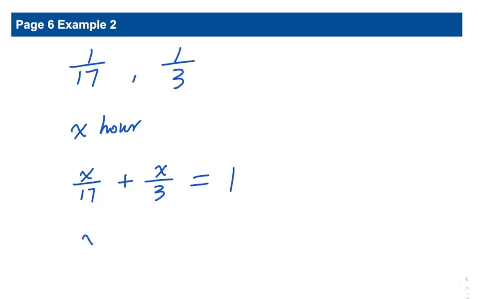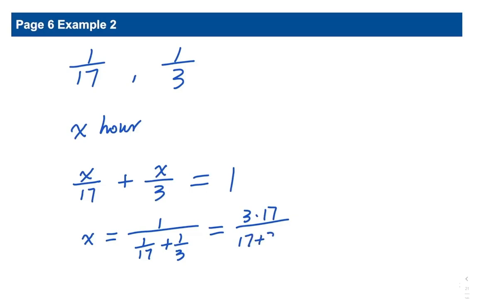So what is x? x is 1 over (1/17 plus 1/3), right? So therefore, this is 3 times 17 divided by 17 plus 3, 51 divided by 20, which is 2.55 hours.